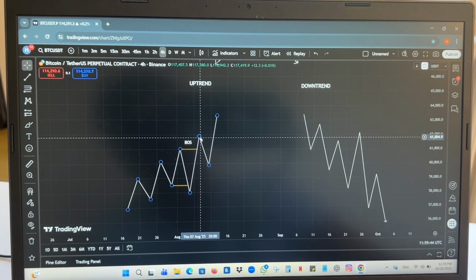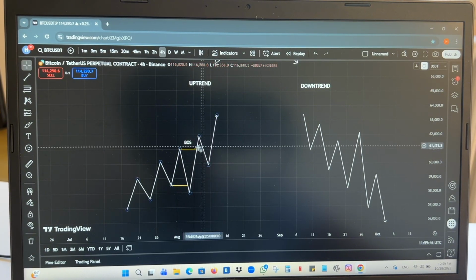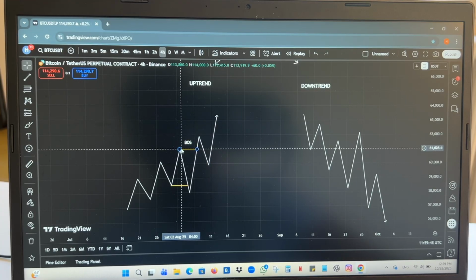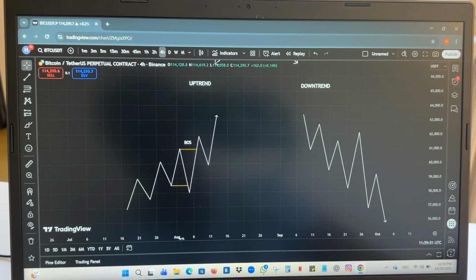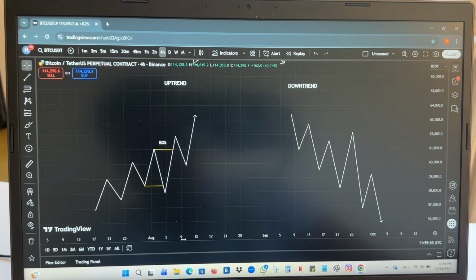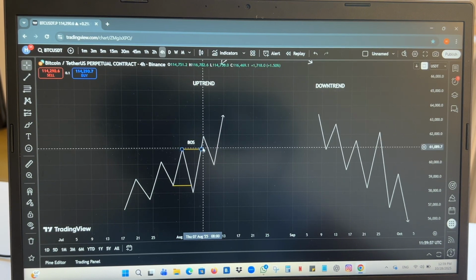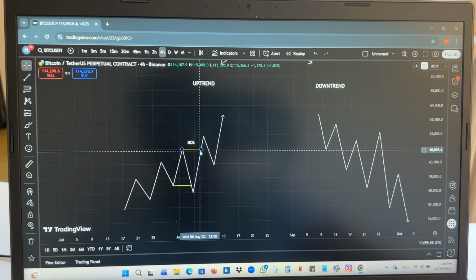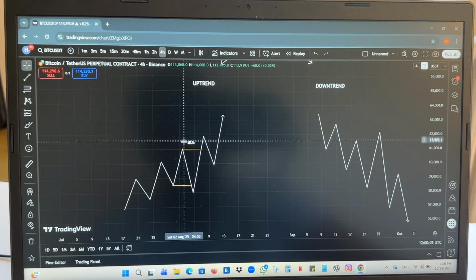And if the market goes on going up, we draw a line from the previous high to this breaking point, and that is how we identify a BOS.